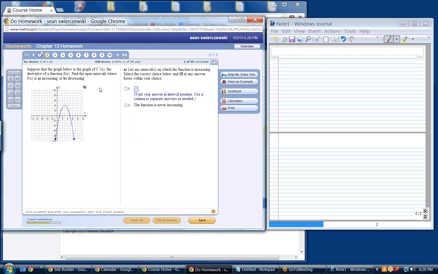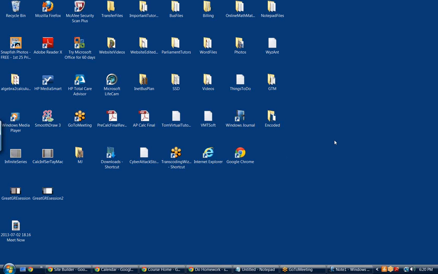Suppose that the graph below is the graph of f prime of x, the derivative of f of x. Find the open intervals where f of x, the original function, not this one, but the original, is increasing. Let me show you something that may be useful to you.